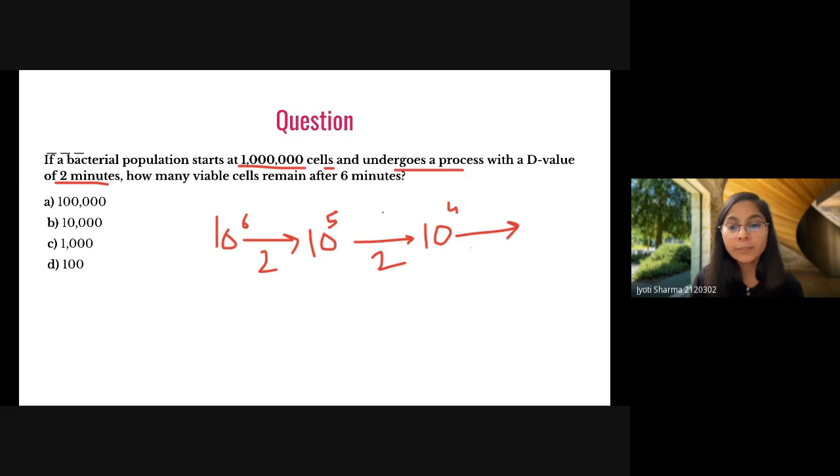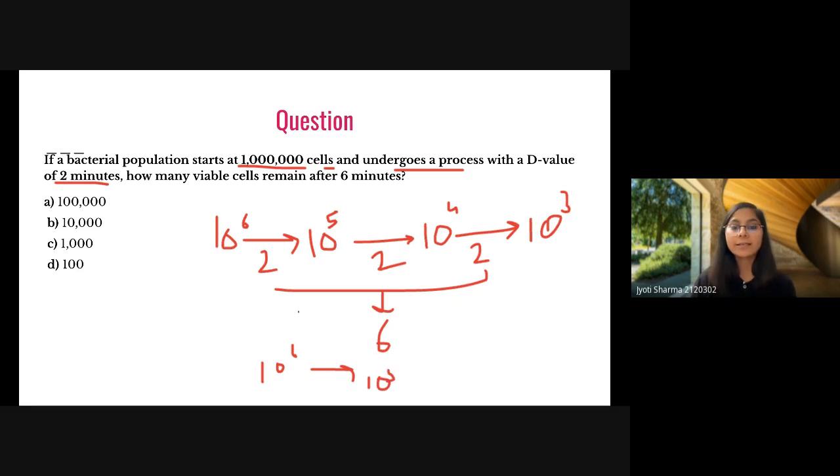After 2 minutes, your bacterial cells have been reduced to 10 raised to power 3. So after 6 minutes, your bacterial cells have been reduced by 3 log. Initially we have 10 raised to power 6, but this has been reduced to 10 raised to power 3.